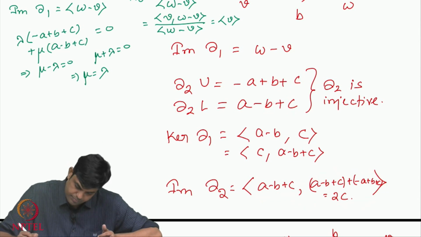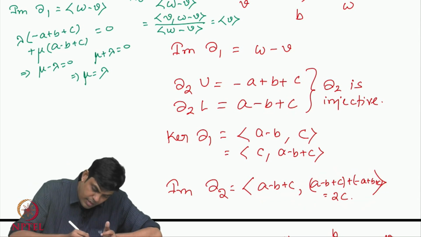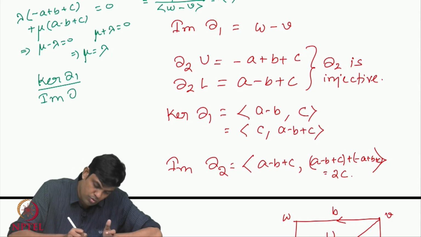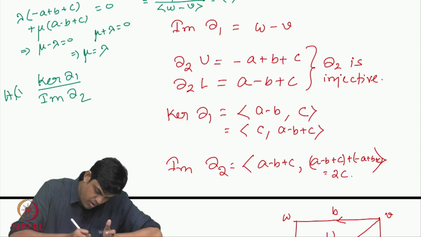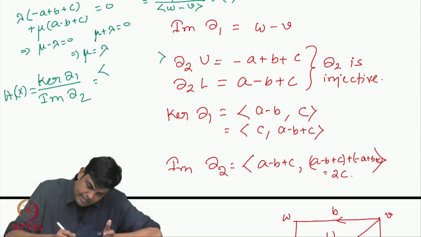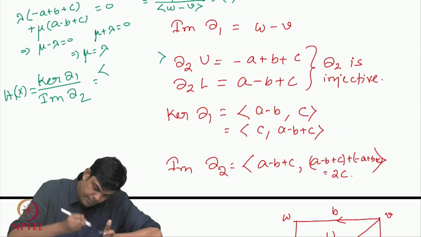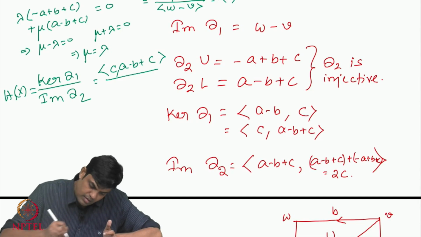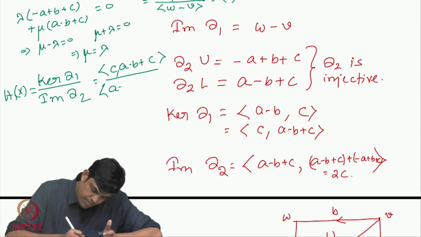So now if I look at kernel of delta 1 by image of delta 2, that is H1 of X, what do I get? At the top, I get a group which is generated by C, A minus B plus C, and at the bottom I get something which is generated by A minus B plus C and 2 of C.